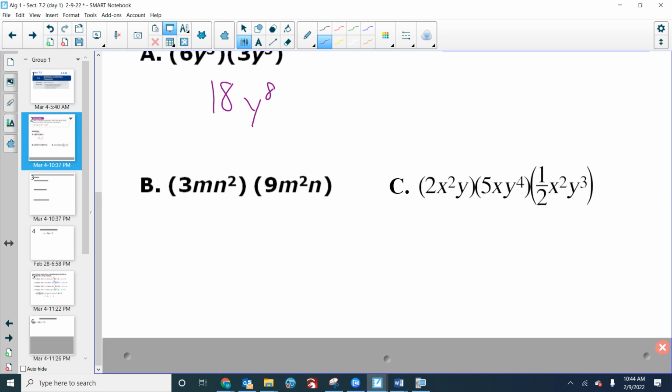Okay. You have these? Okay. 3 times 9. 27. Now, we have to be careful, my friends. What is my exponent here with this m?